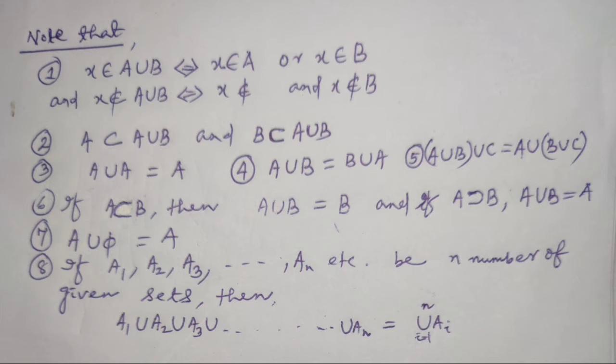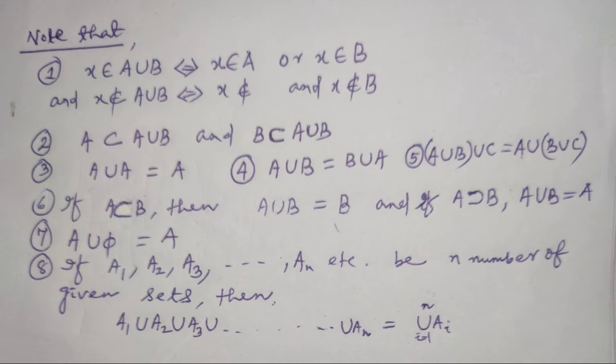Again, A is a subset of A union B and B is a subset of A union B. A union A is the set A itself. Similarly, A union B is equal to B union A, that is, the union of sets is commutative.